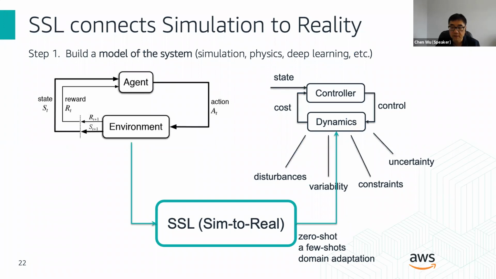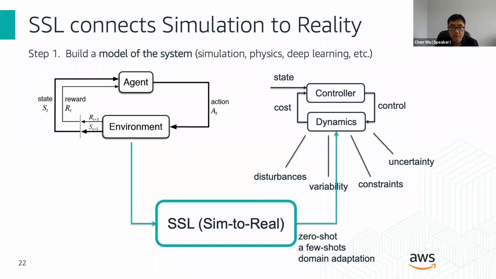Lastly, I'd like to highlight there's a connection between SSL and RL. You could use SSL to learn the representation in your simulation, and once your model has learned a lot of the representation, you can apply the model in reality, and you only need a small amount of labels. This is what they call zero shot, few shots, or domain adaptation, so that the model you learned from your environment is not wasted.